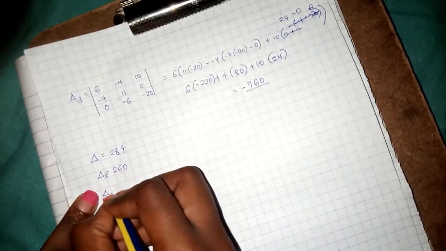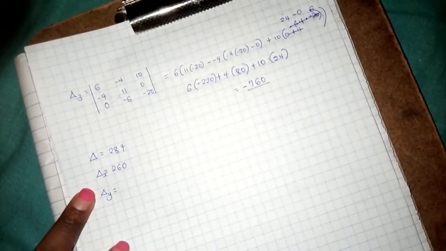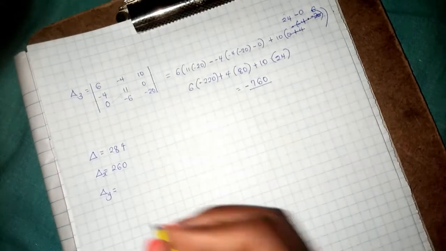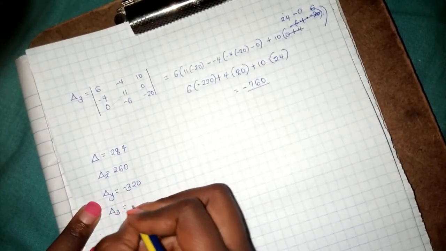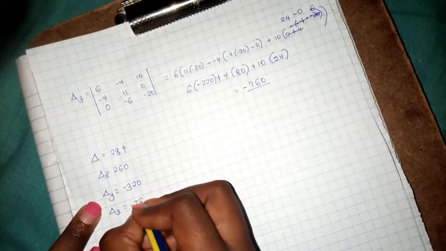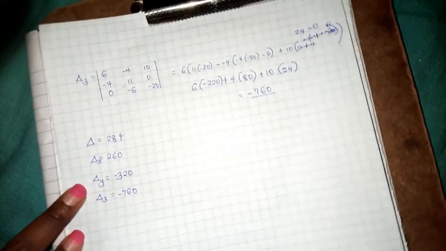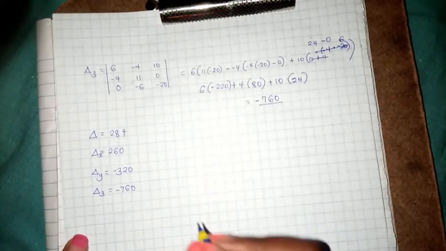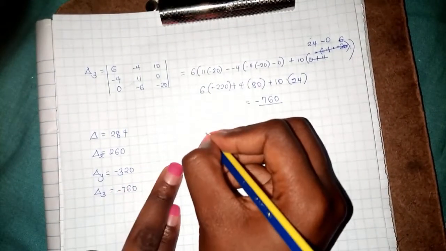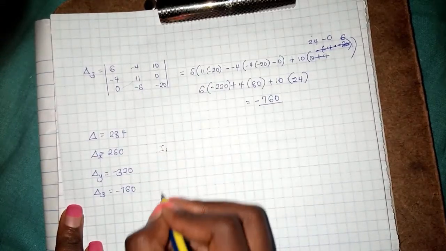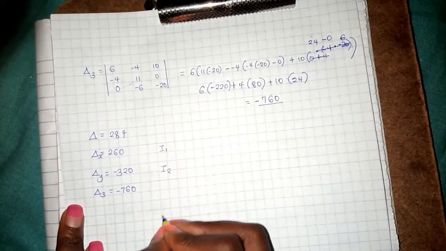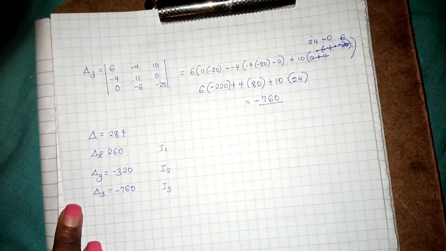This is x, then y we have -320, and then this last one -760. Okay, so once we have this, we now can easily say this was representing, this is when we replaced it on I1, this is when we replaced it on I2 and I3.